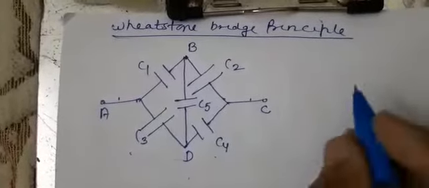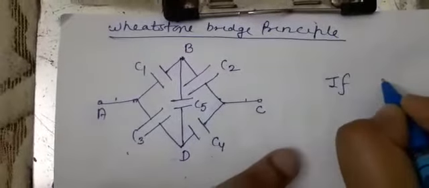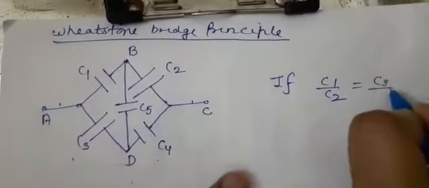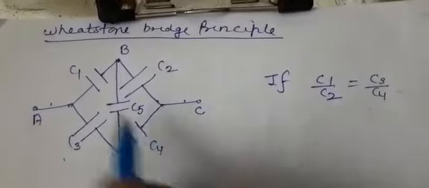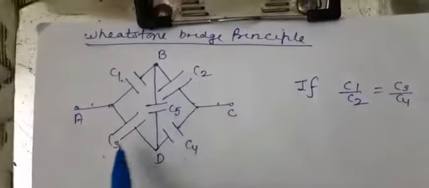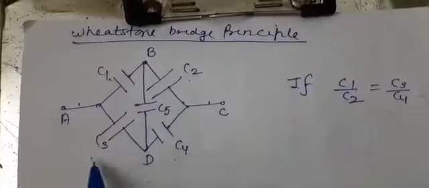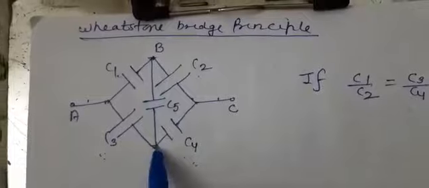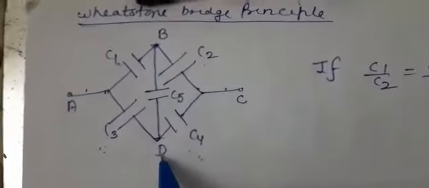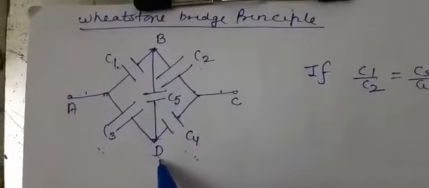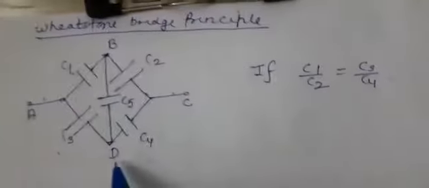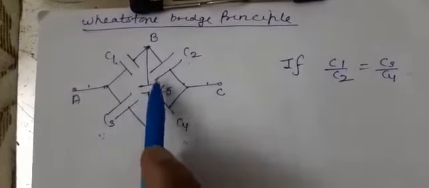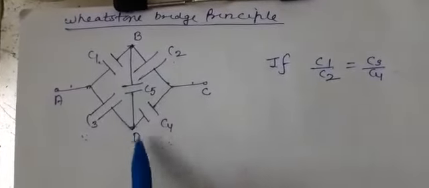And if the values of capacitors are given in such a way that C1 upon C2 is equal to C3 upon C4, the ratio of C1 and C2 equal to the ratio of C3 and C4, then there will be no potential difference between B and D, or you can say they will both be at the same potential. So if there is no potential difference, there will be no charging of the plates of the capacitor. So this capacitor will not contribute.